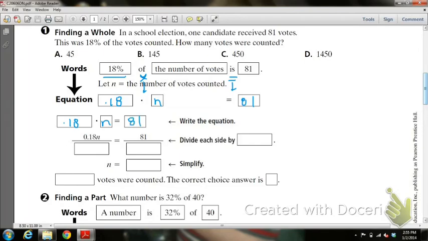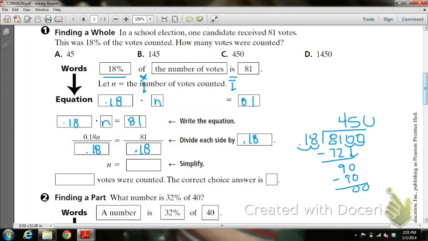So to solve this, I would divide both sides by 0.18. Okay, and 0.18, oh, that doesn't look very nice. 0.18 into 81, move the decimal 2 places. 18 goes into 81 4 times, which makes 72, which leaves 9. 18 goes into 90 5 times evenly, but I have an extra 0, so it's 450.